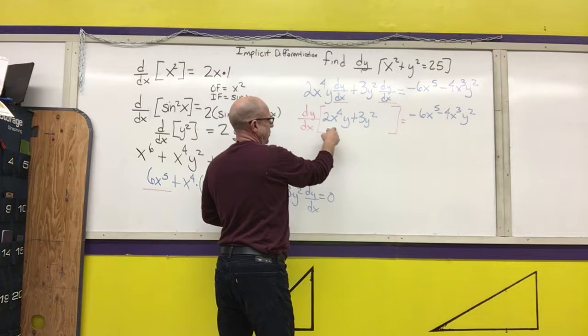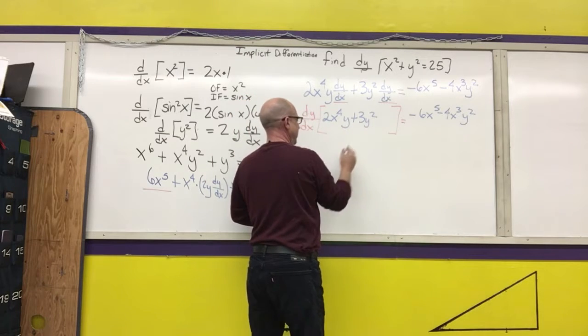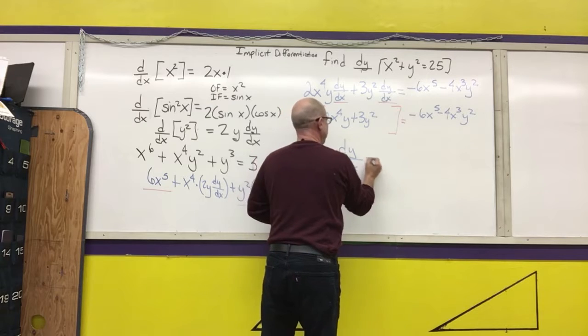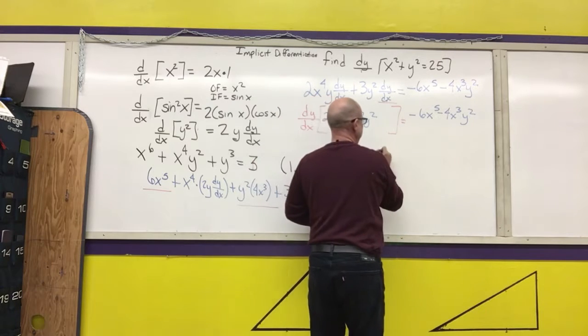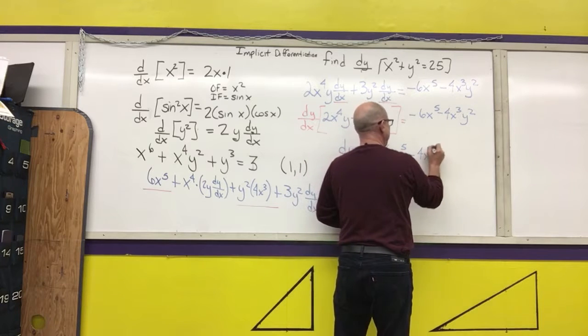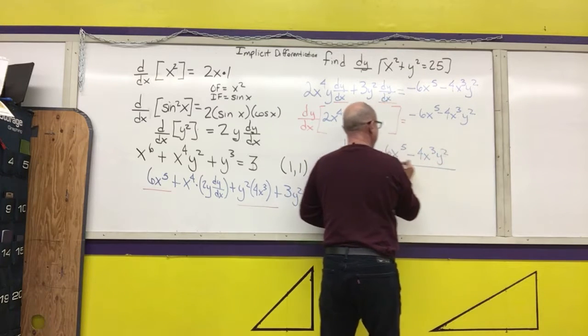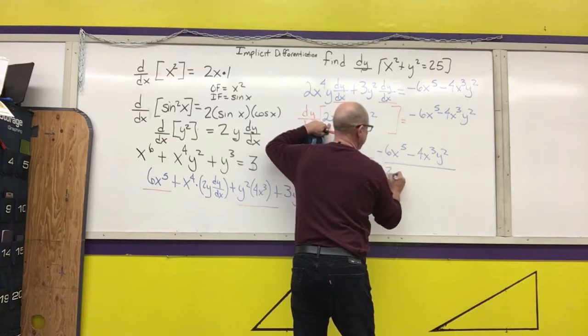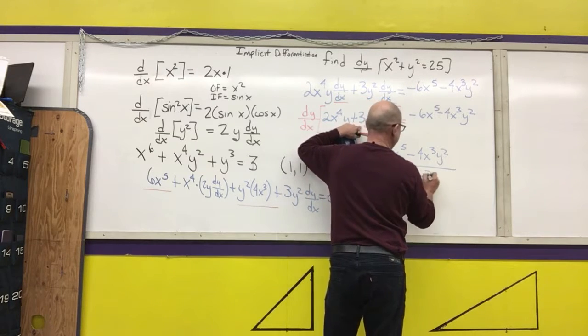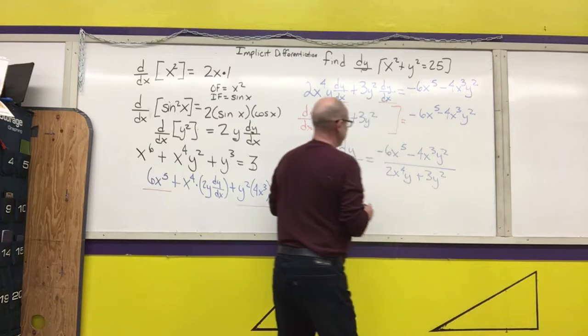Last step is to divide both sides by what's inside the brackets here. So my derivative, dy/dx, is equal to negative 6x to the fifth minus 4x cubed y squared over 2x to the fourth y plus 3y squared.